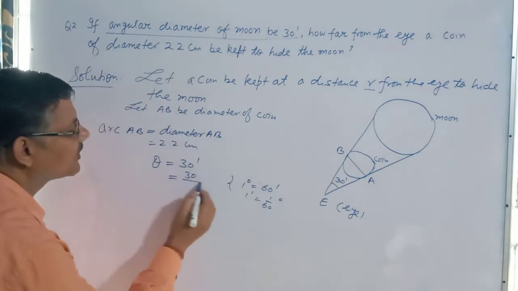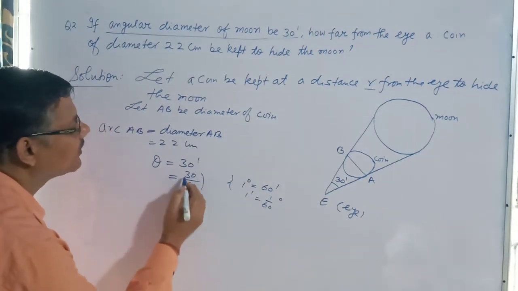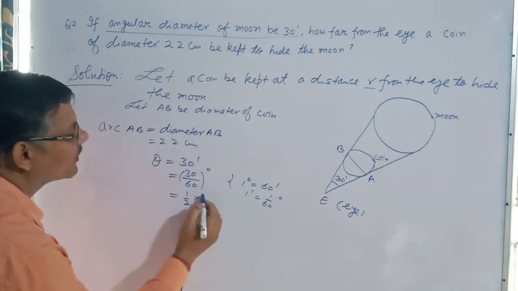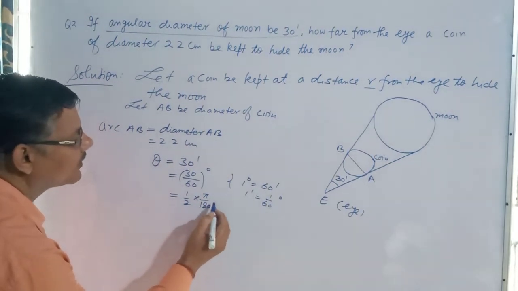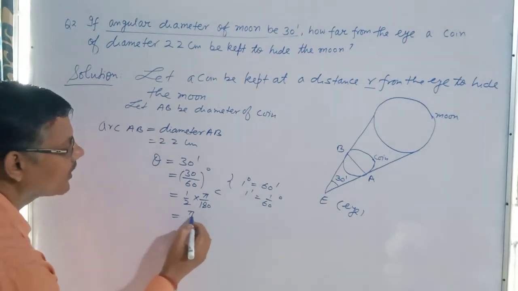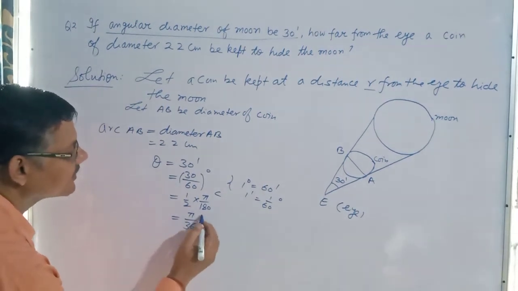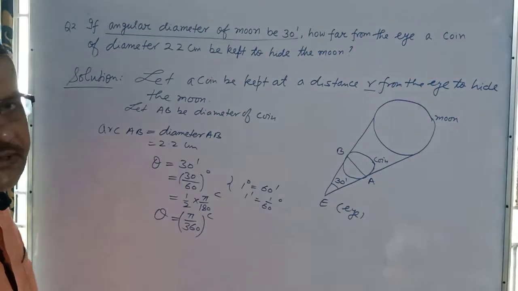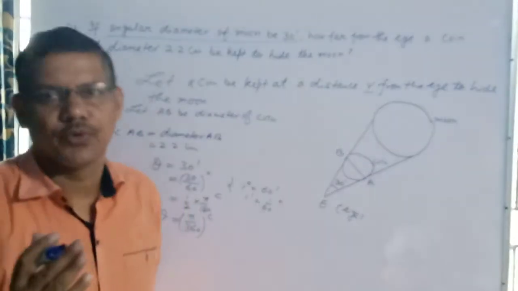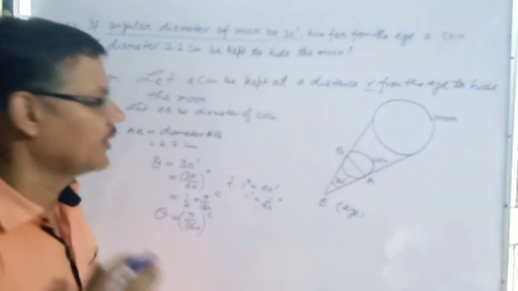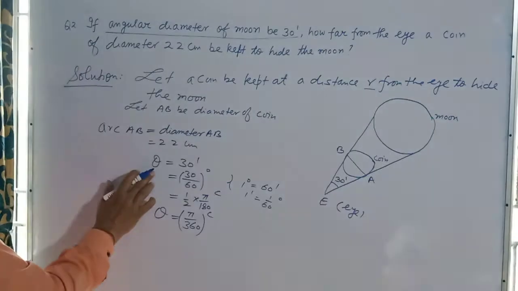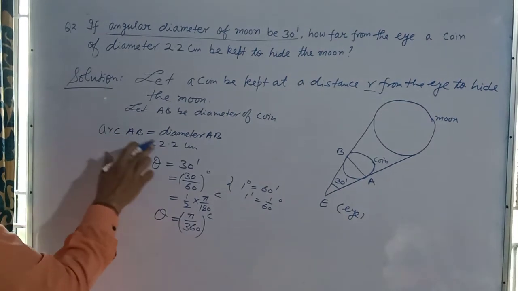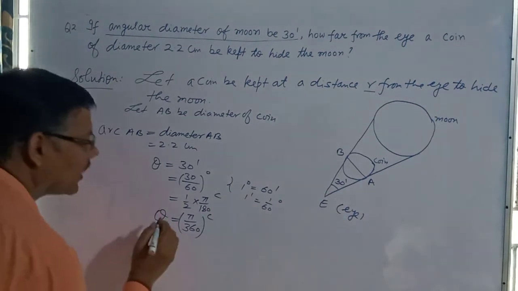So it is equal to 30 by 60, that is 1 by 2 degree, into pi by 180 radians. We get pi by 360 radians. Why do we change it into radians? Since in that formula we are always required to put the angle in radian. So this is about theta, and this is about arc L. So we use the formula.